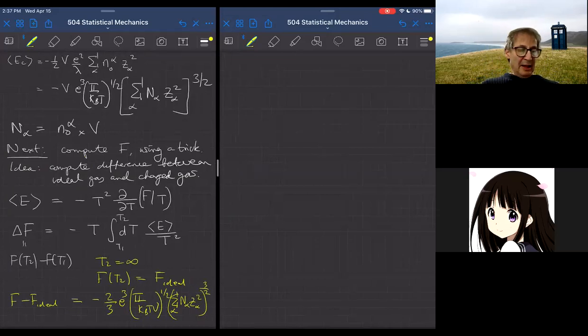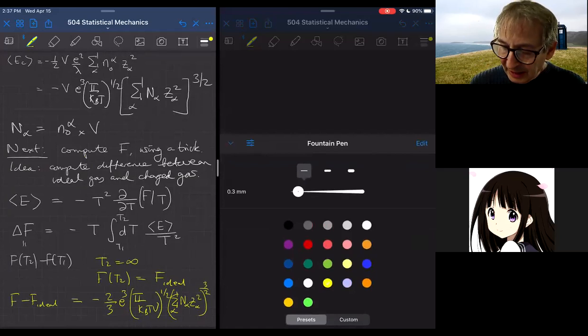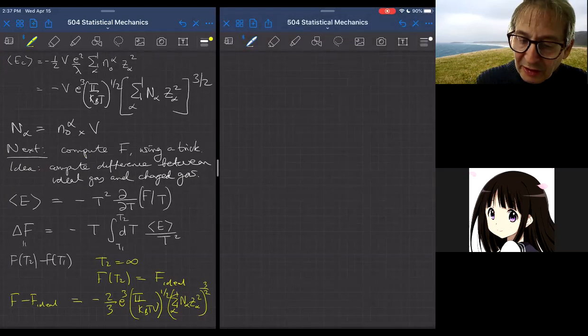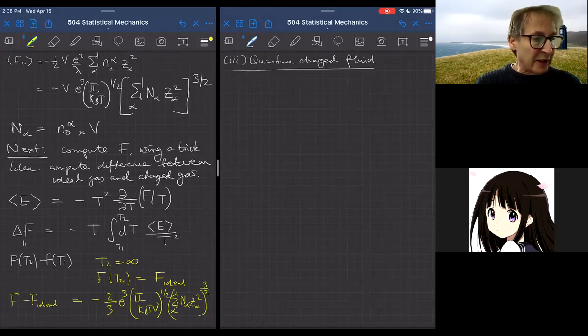Okay, so that's great. So now let's talk about the application to quantum physics. So now let's look at the quantum charged fluid. This is actually super important, but we're not going to spend time on it in this course.